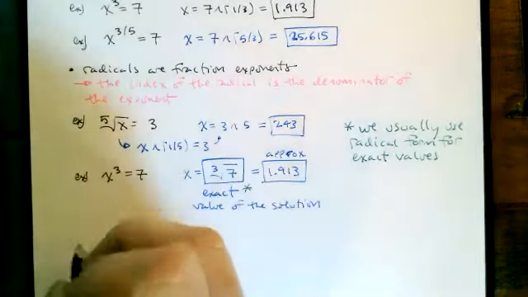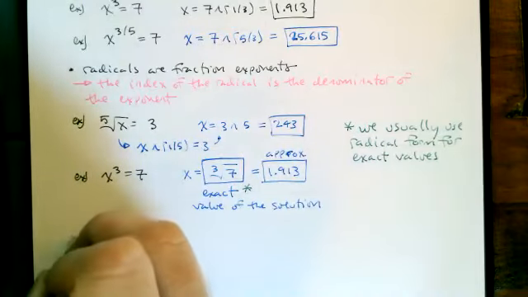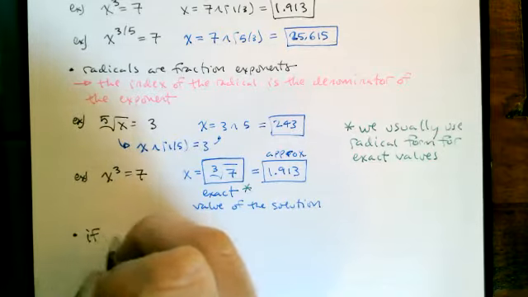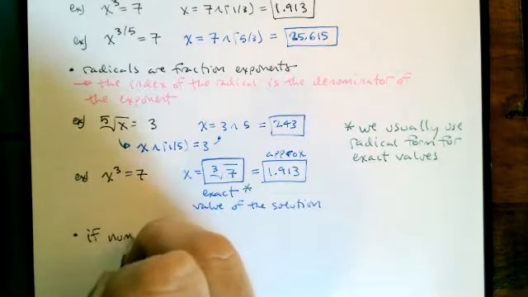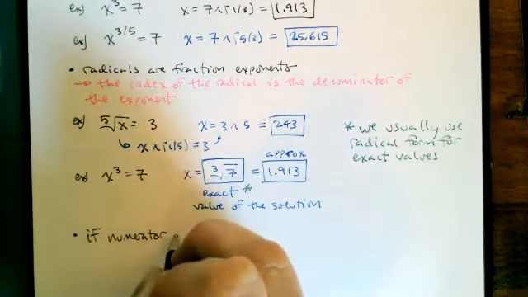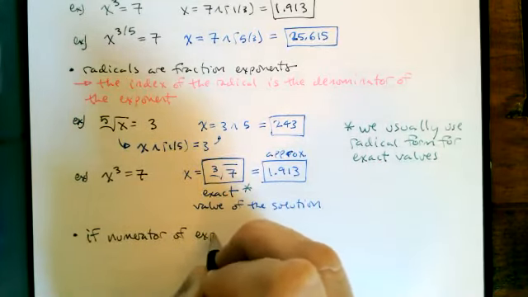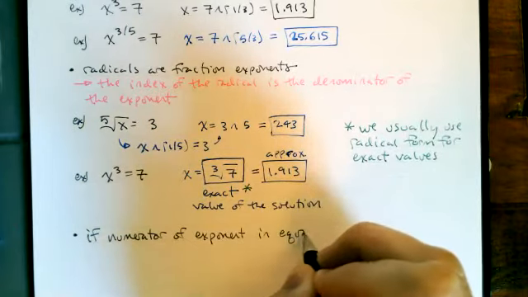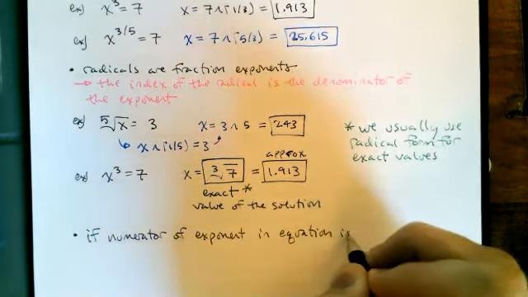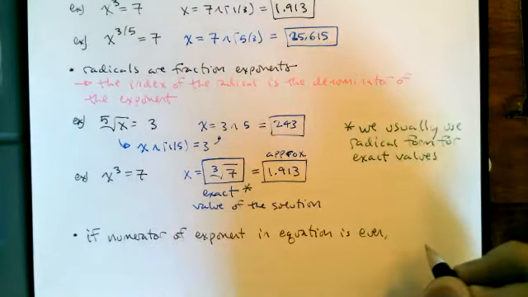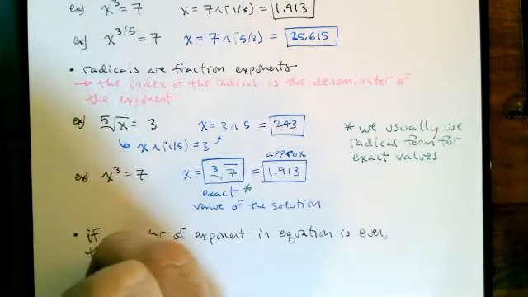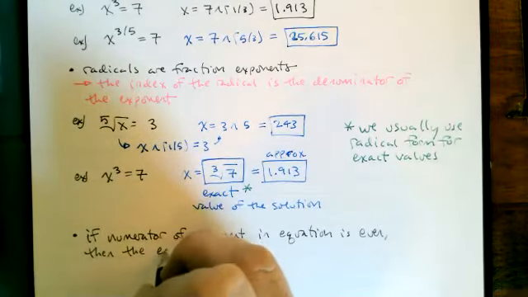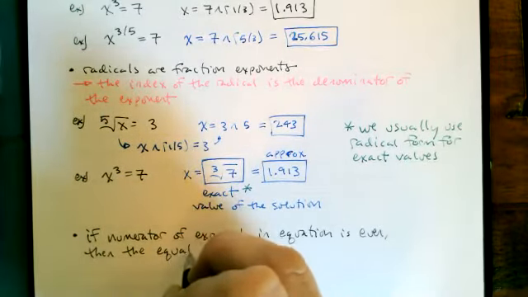If the numerator of the exponent in the equation is even, then the equation has 2 real solutions.